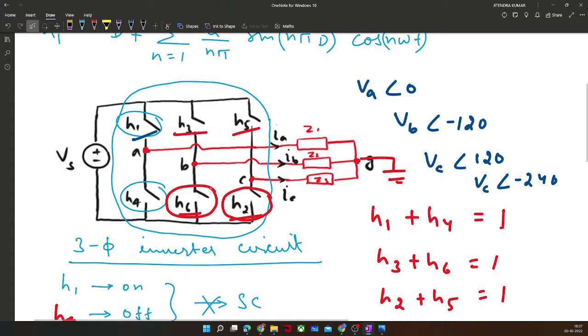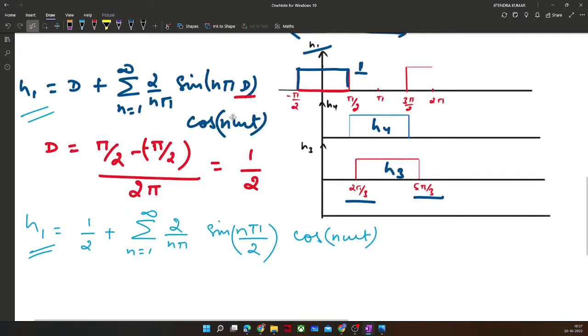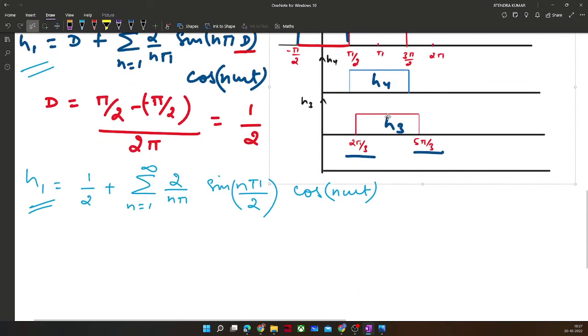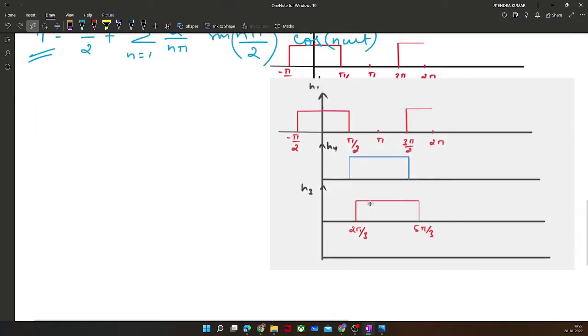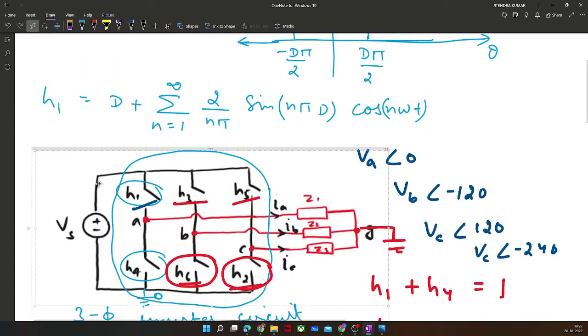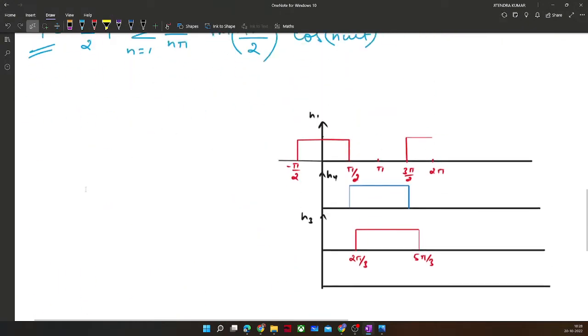If you need to compute this pole voltage VA0, when the switch H4 will be off and H1 will be on, let me take this figure here. Just a second.